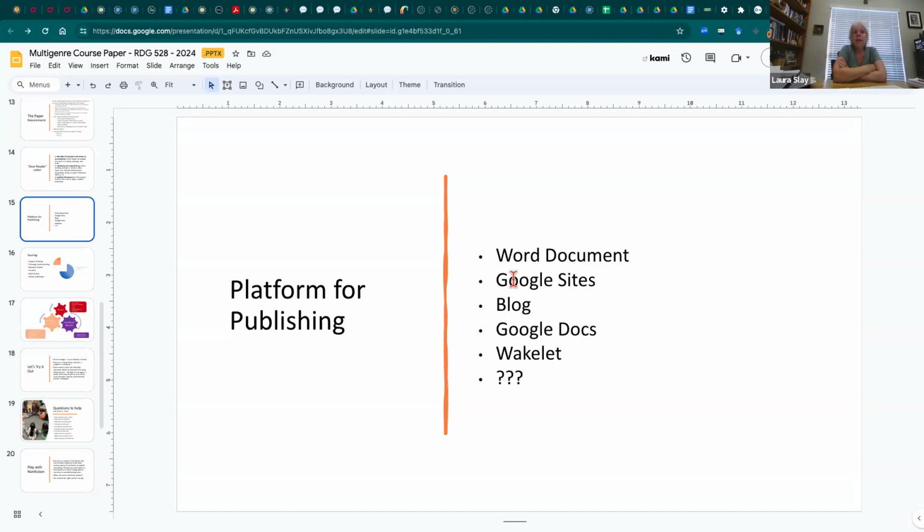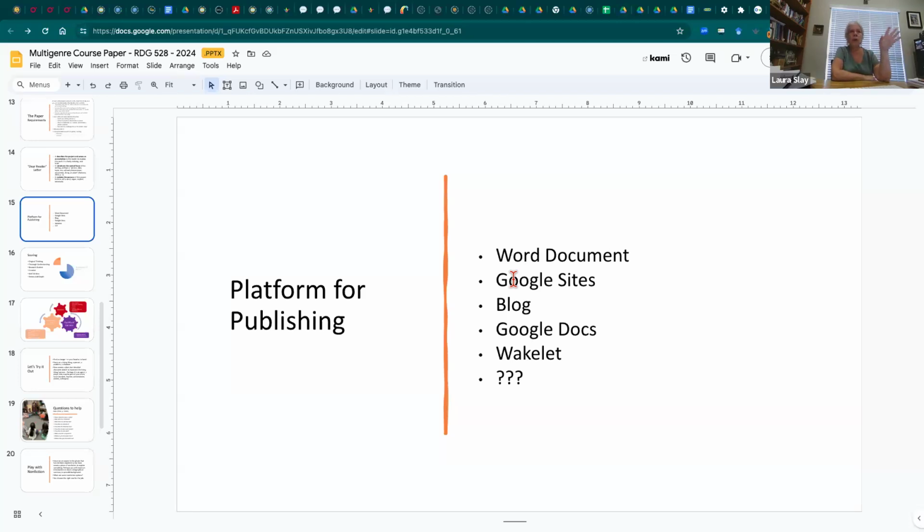Basically, you're going to write it any way you want, and then you have to figure out how to submit this, because you're going to have multiple different pages. If you want to do a simple Word document or Google document or Sites, that's fine with me. A blog allows you to have different pages and different things posted over time, so it's like a journal. Wakelet is another platform that is blog-like.